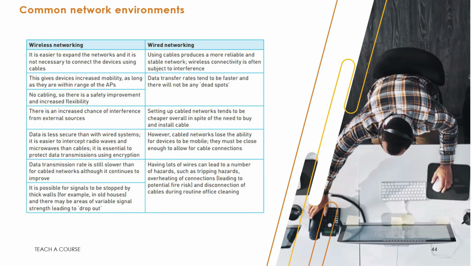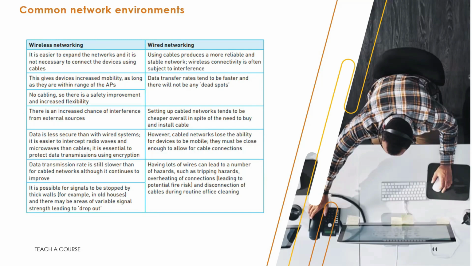Then wireless networking gives devices increased mobility as long as they are within range of the access point. So you can move around quite easily. Then wired networking, data transfer rates tend to be faster, and there will not be any dead spots.